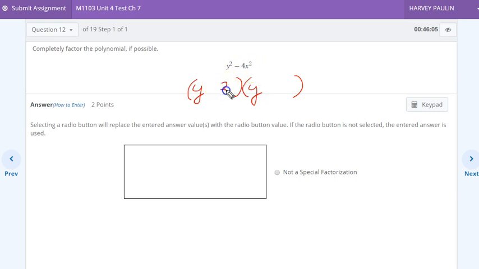And this will be 2x and a 2x. And one is plus and one is minus. So if you recognize it, that's one of the things about practice and those special products. Okay, let's go on.